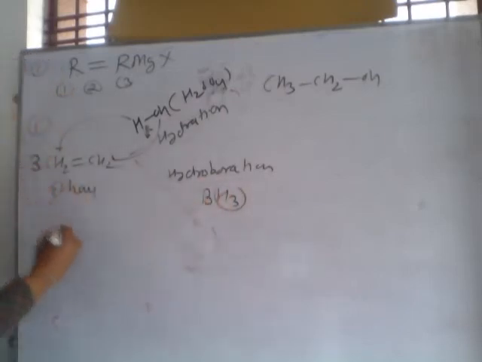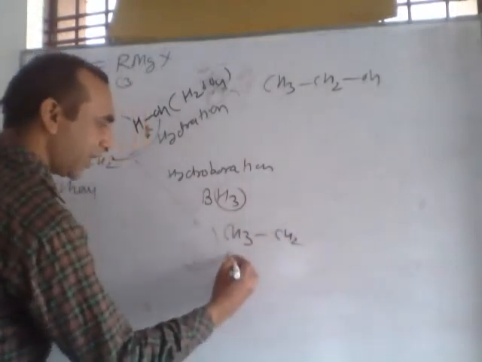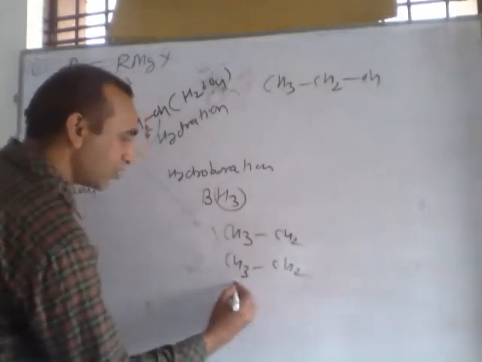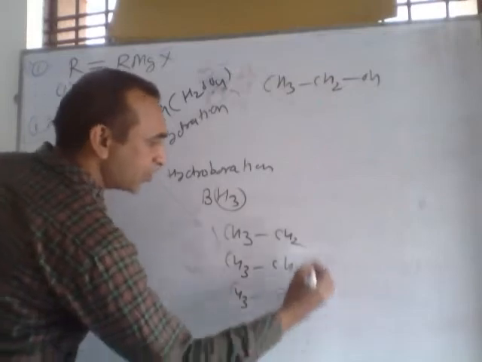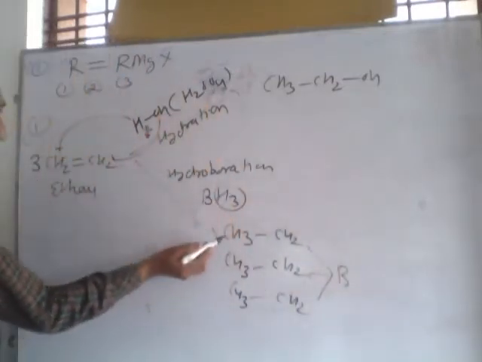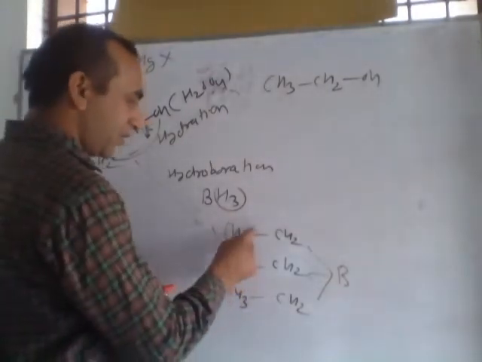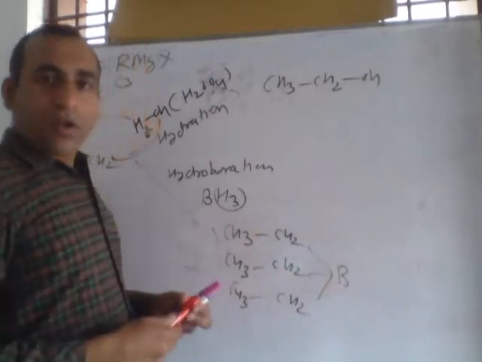I am writing this compound: CH3, CH2, again CH3, CH2, CH3, CH2. These three are directly joined with boron. This is boron, with 3 molecules of alkene used. And this is called triethyl borane.